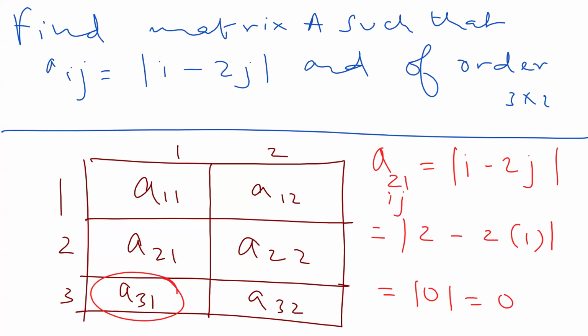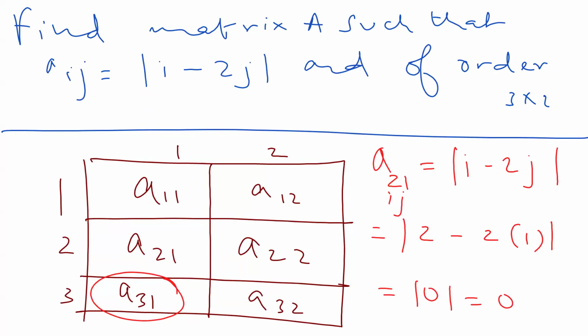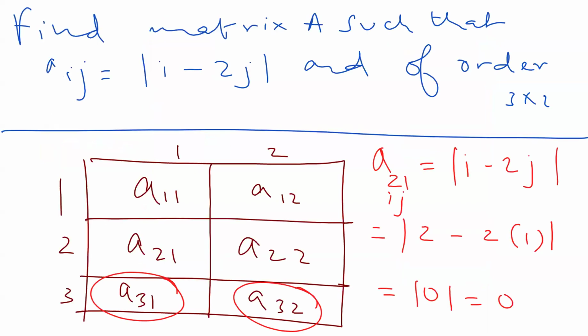A32. This is also 1. Sir, isn't it -1? But then what is the modulus of -1? Oh, yes, sir. Sorry, sorry.